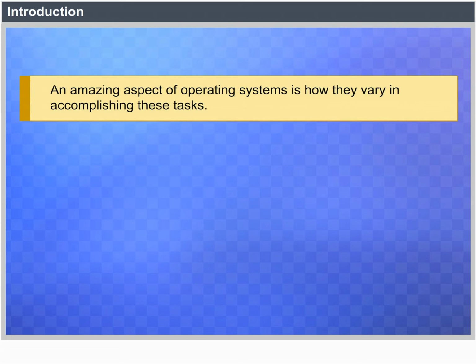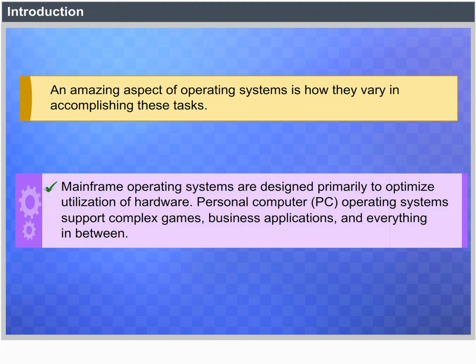An amazing aspect of operating systems is how they vary in accomplishing these tasks. Mainframe operating systems are designed primarily to optimize utilization of hardware. Personal computer, PC operating systems support complex games, business applications, and everything in between.